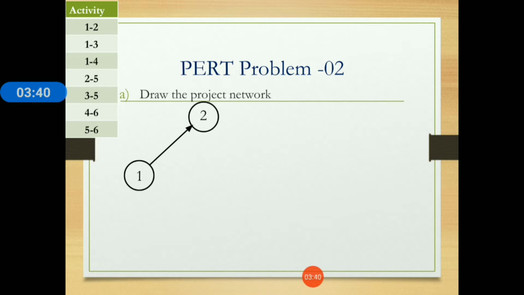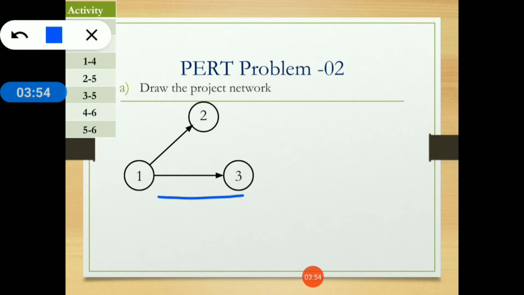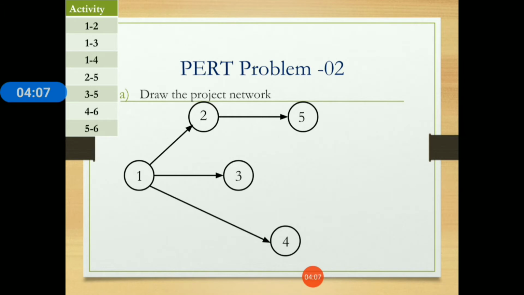For the activities, this is event 1 and 2. So this is the first activity 1 to 2, then activity 1 to 3, then activity 1 to 4. So this is 1 and this is 4. Then activity 2 to 5.